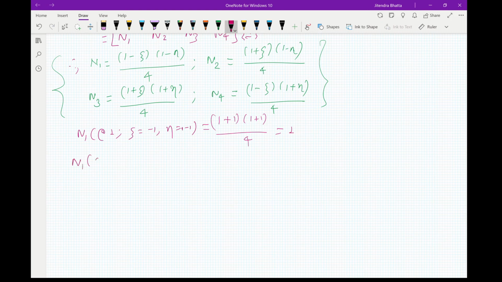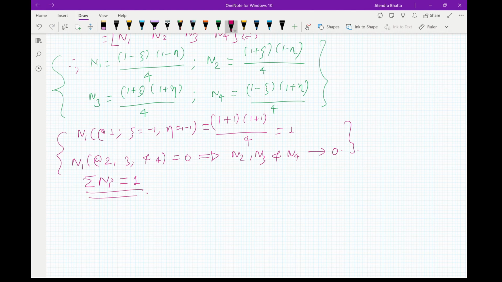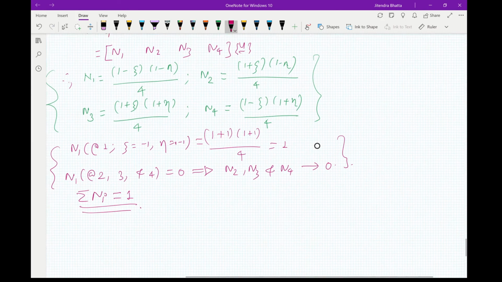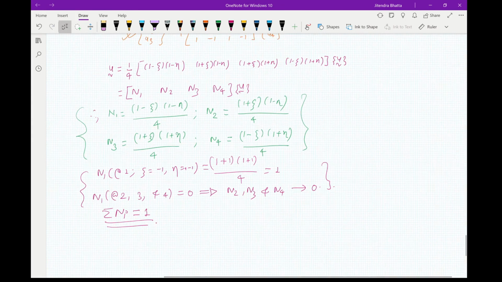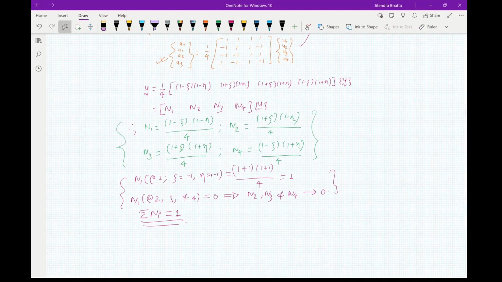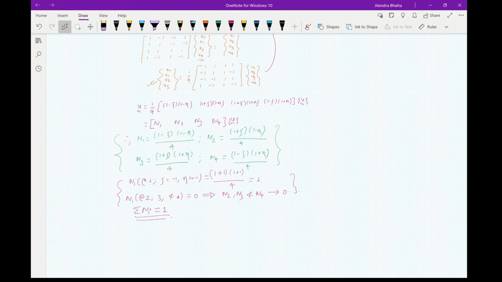And your n1 at the rate 2, 3 and 4 must be equal to 0. And probably when you add these up, you'll also get a summation of ni will be equal to 1 as well. So this is how you solve for the shape functions of a 2D element with 4 nodes.